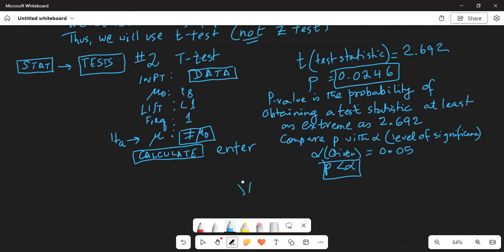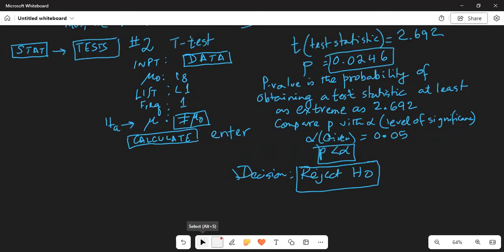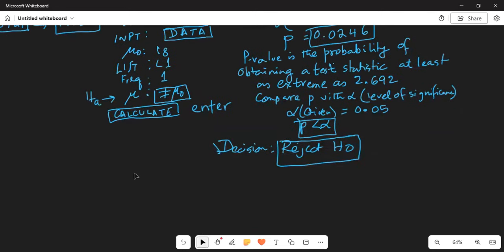Decision, same as before. Reject H0. This is probably a faster way to do the calculation. In this case, P is less than alpha, so we reject H0. The conclusion is the same as before.